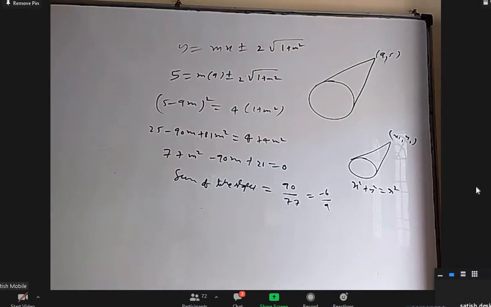Find the sum of the slopes of the tangents and their product in terms of x1, y1 and r.